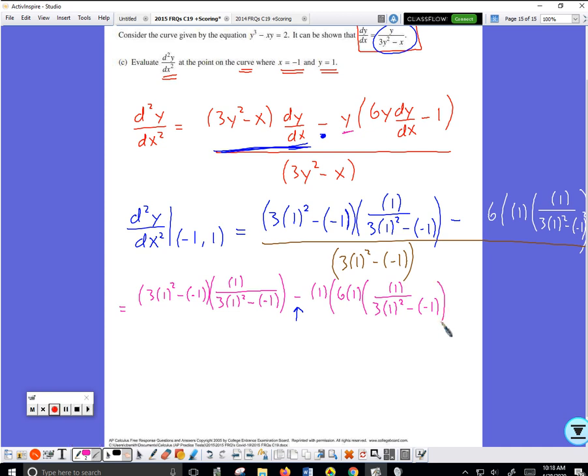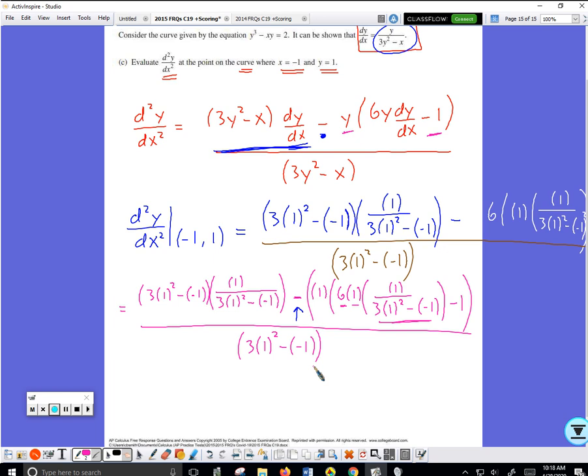I need this -1, because this was 6 times 1 times dy dx minus 1. But all of that had to be, this minus had to minus all of it. And then you just say divided by, parenthesis, 3y squared minus -1. And that actually will get you full credit.